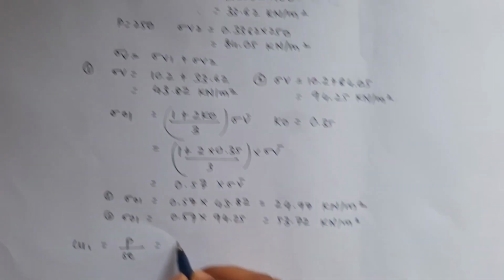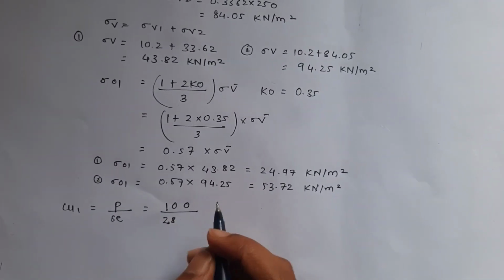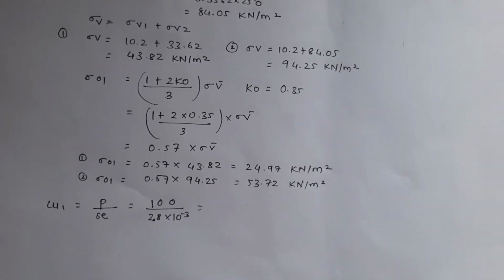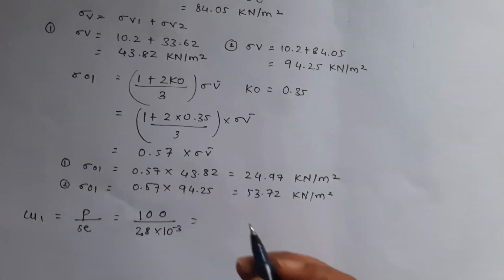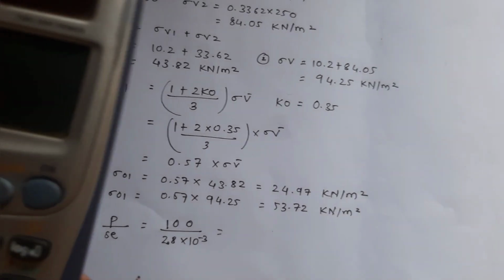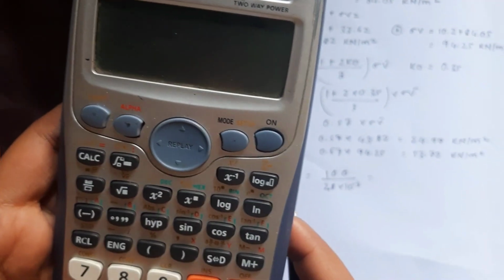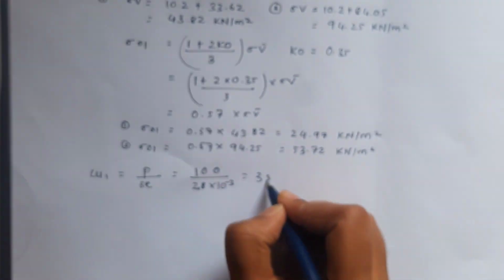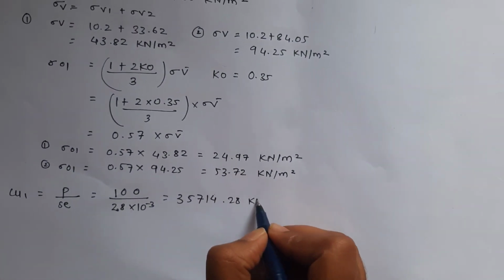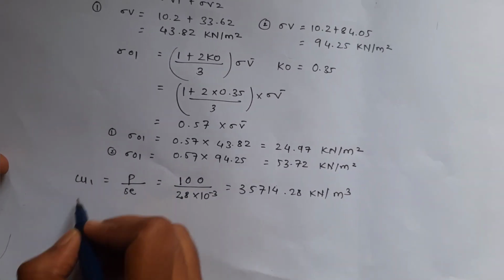So P by delta is equals to 100 by 2.8 into 10 to the power minus 3 to convert it into meter, which is equals to 35714.28 kilonewton per meter cube. This is for the first case.